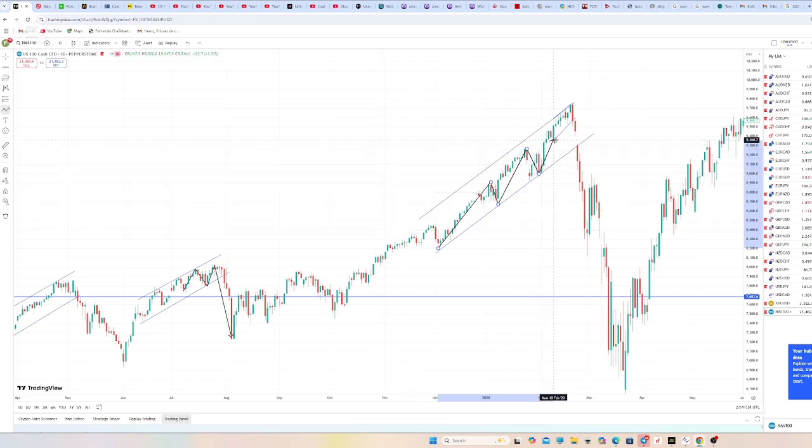We also have a smaller channel inside of this big channel, which is a structure within a structure, which is very powerful, guys. Once you see a structure within a bigger structure, it is a very powerful sign. Okay, and after that, what happened?